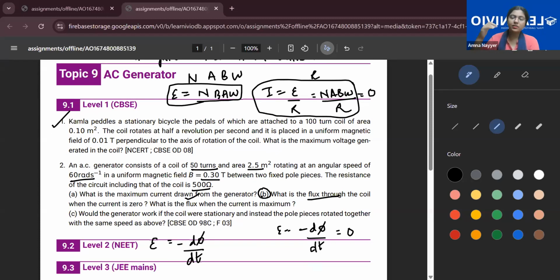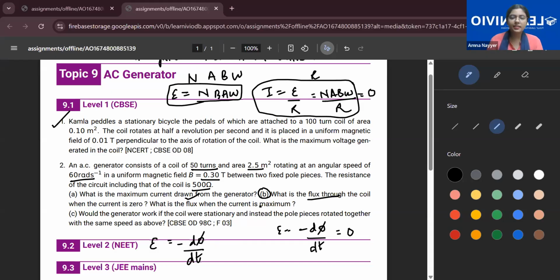Because we have studied that this is all about the AC generator. In an AC generator, the EMF depends upon the rotation of the coil. If the coil is rotating to its maximum, then we say sine 90 degrees has been formed.